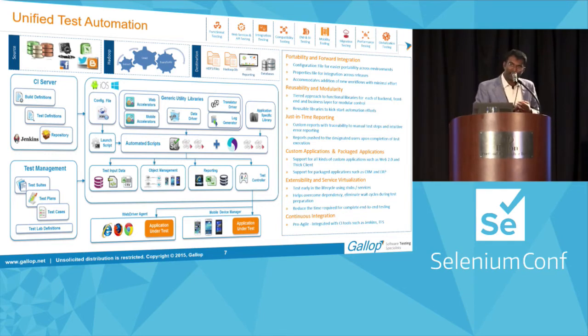But we have extended this framework and added a couple of coded components that you see on the top: the HDFS files, or the Hadoop reporting, and the databases. These are components we built on top of the Selenium framework, which enable the whole framework to do testing at the API level.